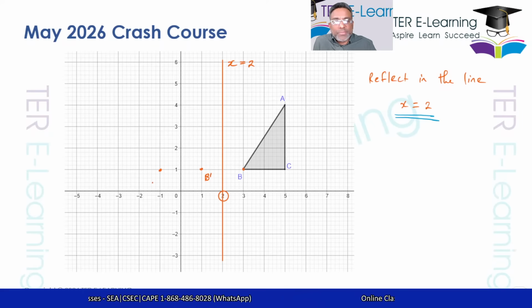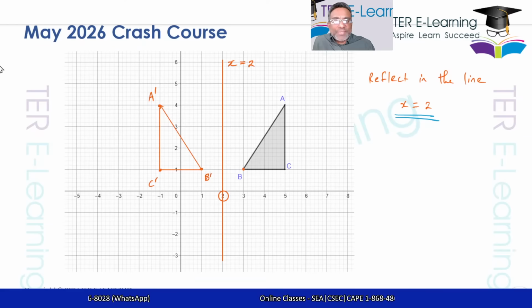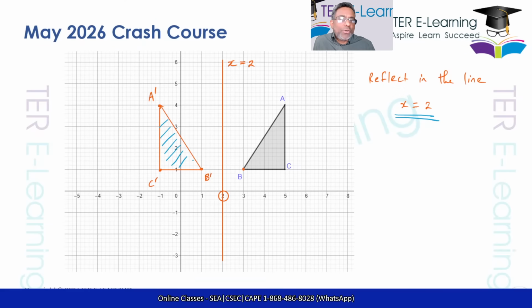So this is where C prime is going to be. A is going to be up here. That's A prime. So therefore, when I join this, I'm going to get this here. And we have this here. So your image after this reflection in the line x is equal to 2 is going to be this. That's your reflection here.